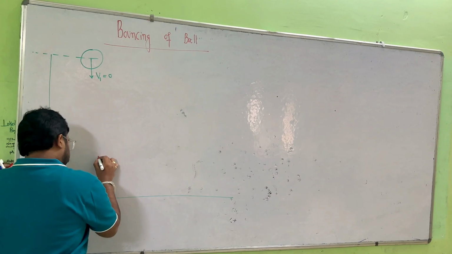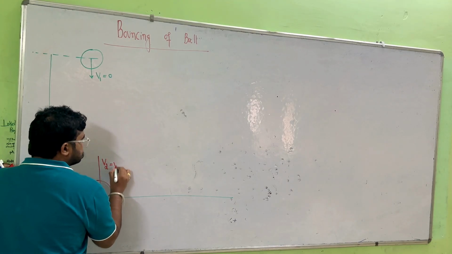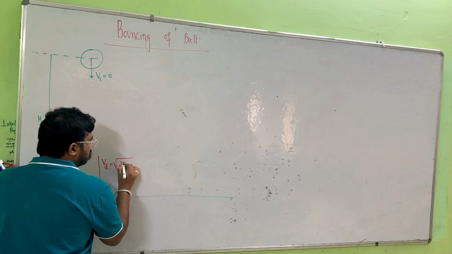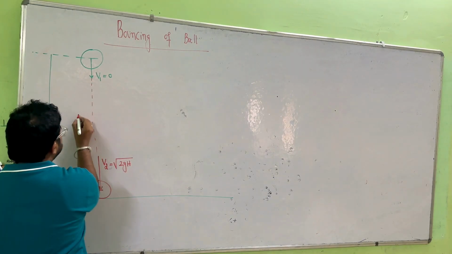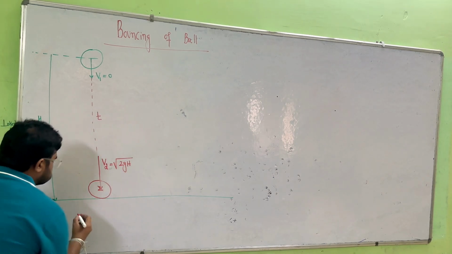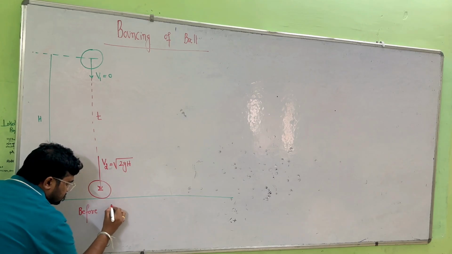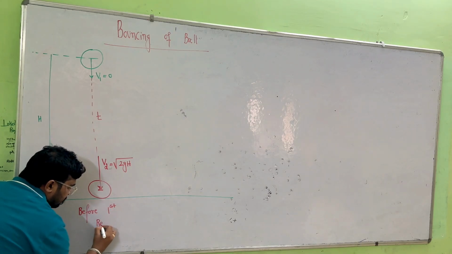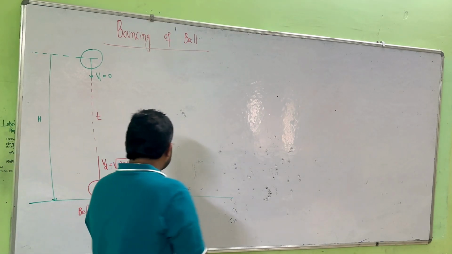So with velocity v2, v2 equals the square root of 2gH from here to here, and the time would be t. This is before the first rebound. Next, after the first rebound.